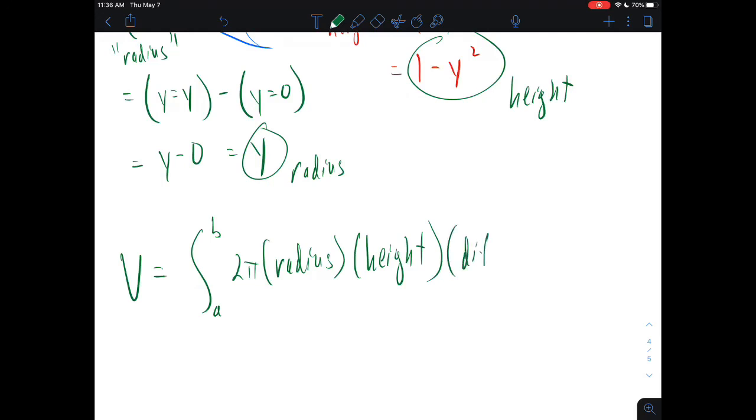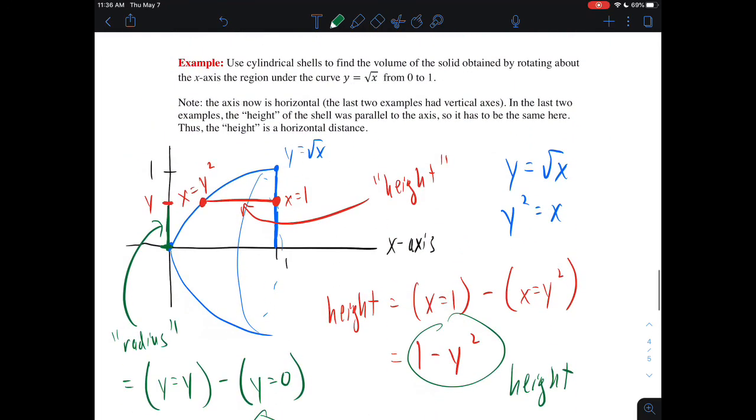I'm just going to use the word differential here, because we want to think about what our differential has to be in terms of, and that's also going to help us with what our a and b values are in terms of. If our radius is in terms of y and our height is in terms of y, then our differential has to be dy, and then our limits of integration have to be y values.